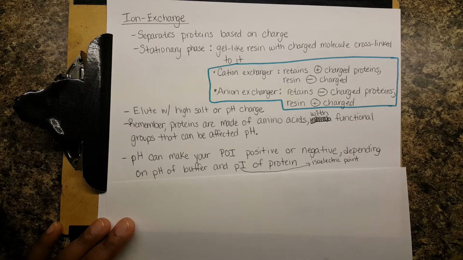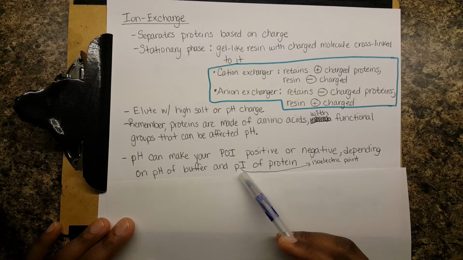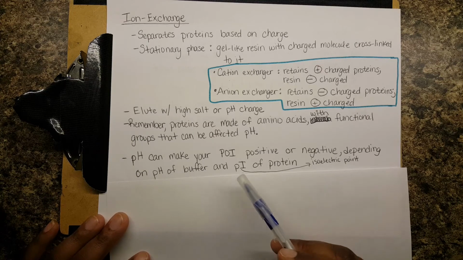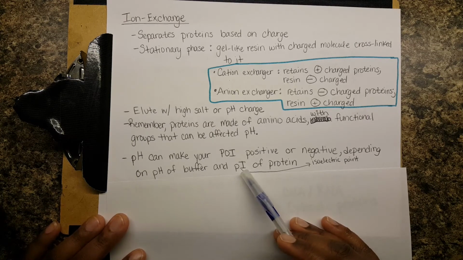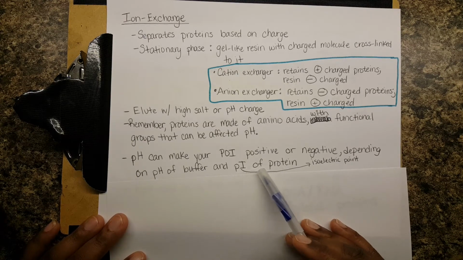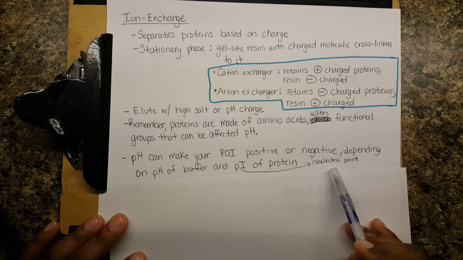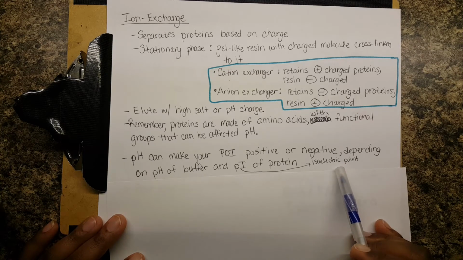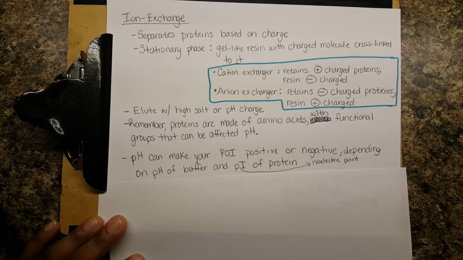So that really depends on what the PI of your protein is. And if you remember from when you talked about proteins in class, hopefully, everything has an isoelectric point. So the amino acids do, and so does your protein of interest. There are websites where you can put in your amino acid sequence and it will predict your PI. That's very valuable information for when you're making your buffers.